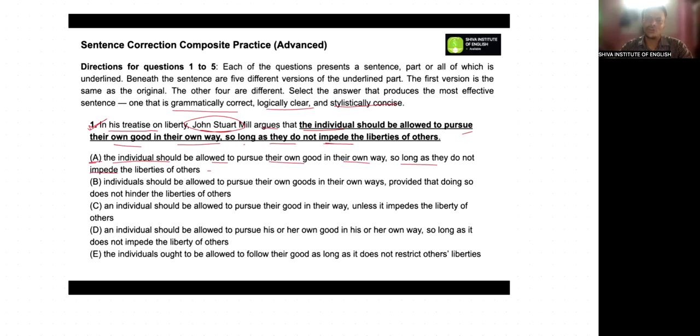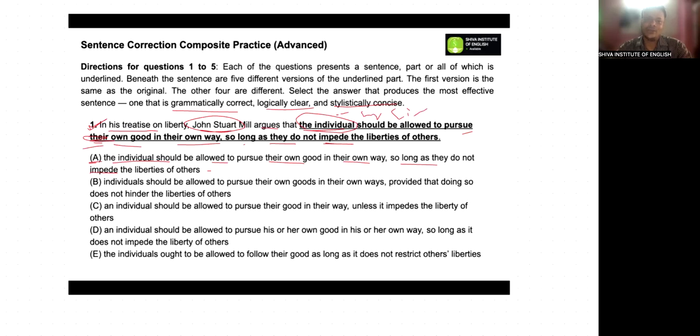Look at that. If it states the individual, which is singular, then it should be allowed to pursue their own good, where their is plural, isn't it? So the noun-pronoun relationship does not match here, right?